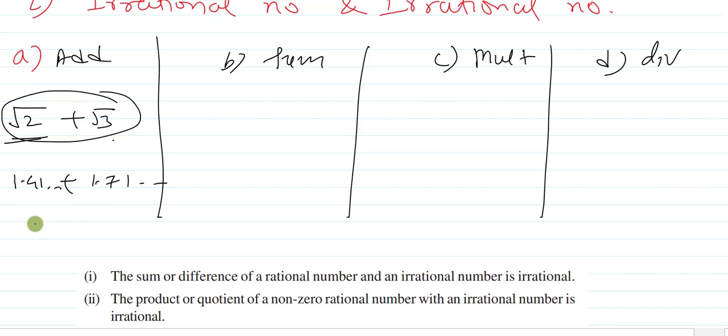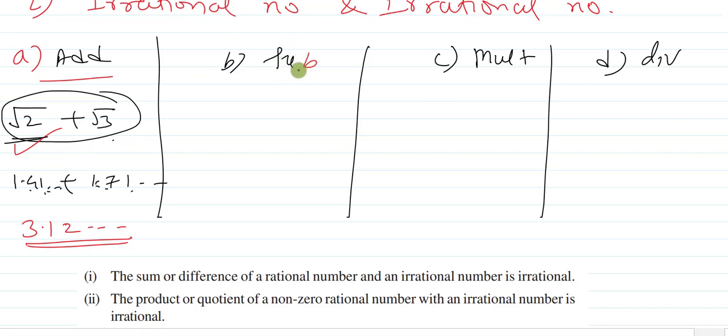So if you add this, what you will get: 3.1, it will be approximately, not exactly correct, 3.1 and so on. That is, it will also be an irrational number. So we can say the addition of two irrational numbers will be an irrational number. Getting it?